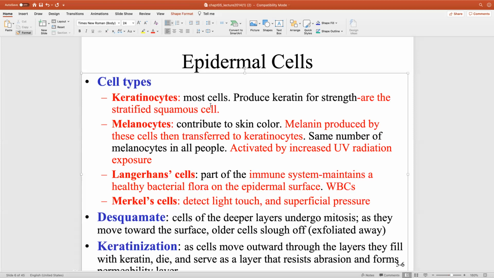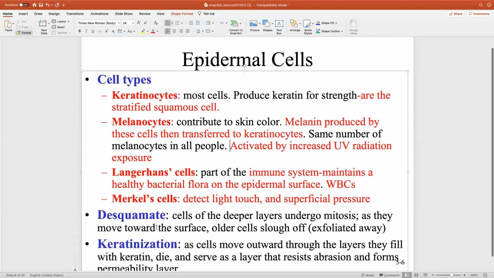Well, remember, there's a process that allows us to remove old skin cells. We call that process desquamation. Desquamation is the movement of cells as they get pushed from deeper regions upwards towards the surface.